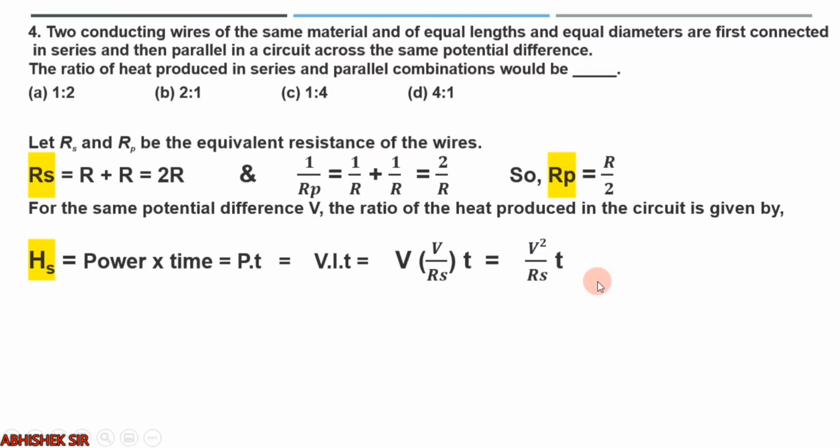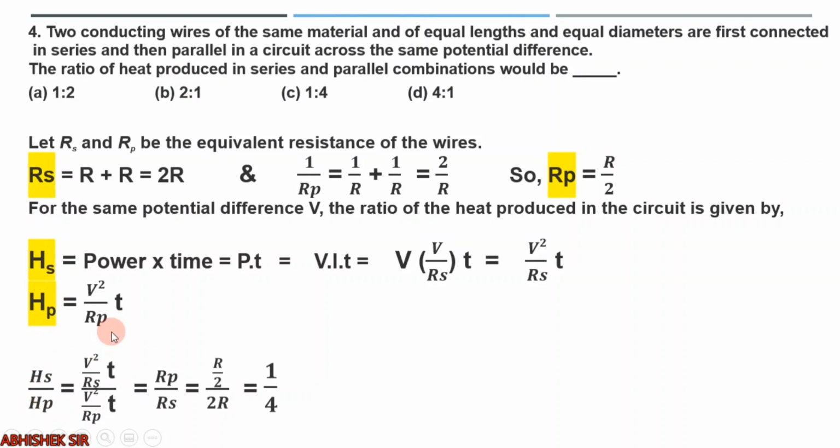Now same way, can we find it for parallel? So it will be Hp equals V square upon Rp into T. Now very simple. We have been asked about the ratio of heat produced. So now what we will do? Hs upon Hp. Hs is V square by Rs into T and Hp is V square by Rp into T. See now, V square will be cancelled, T and T will be cancelled, this Rp will go upside and this Rs will go down.